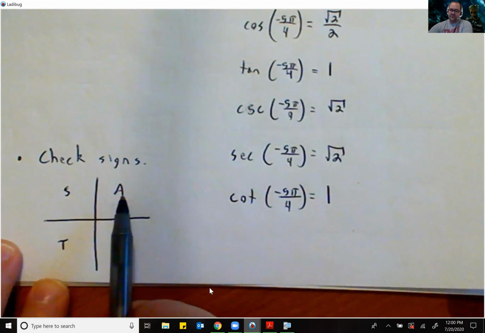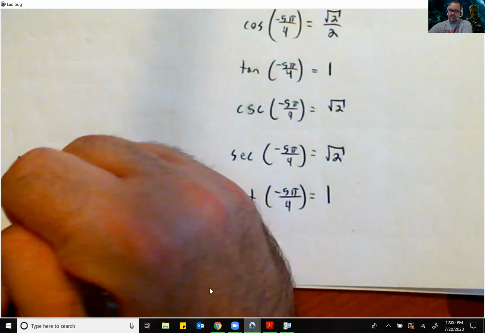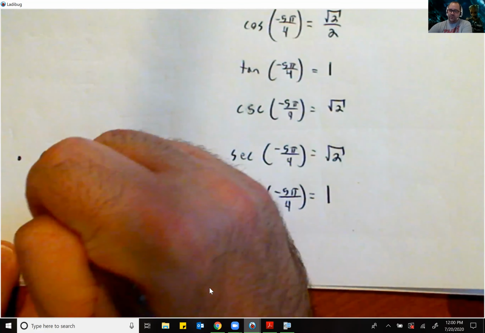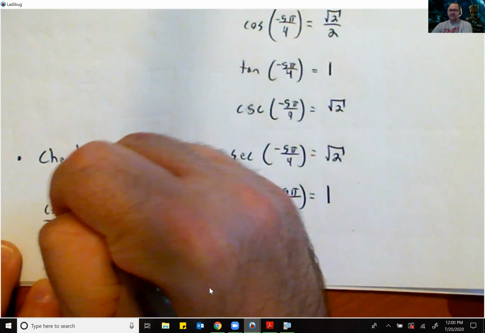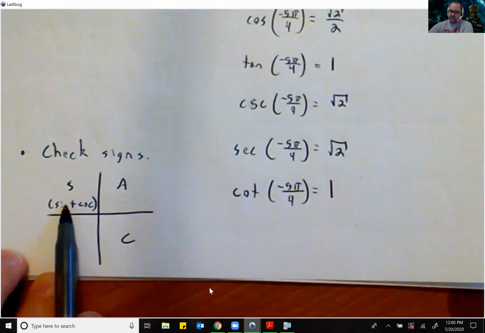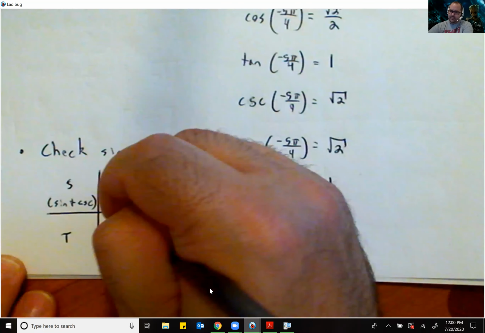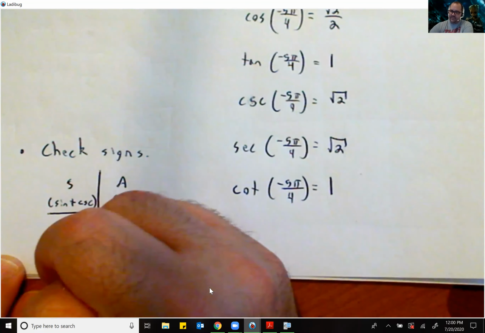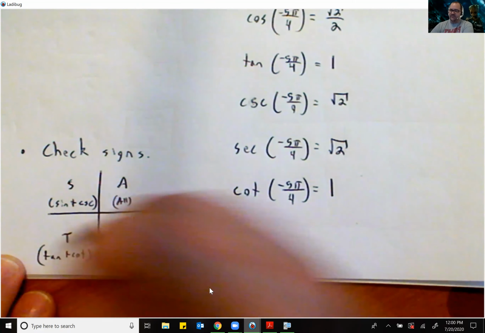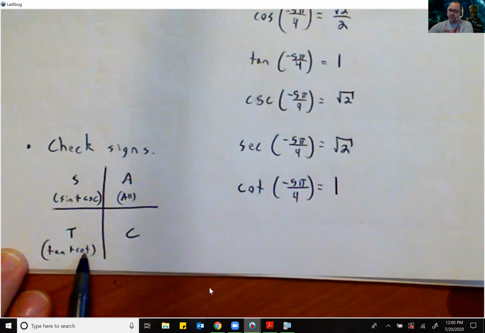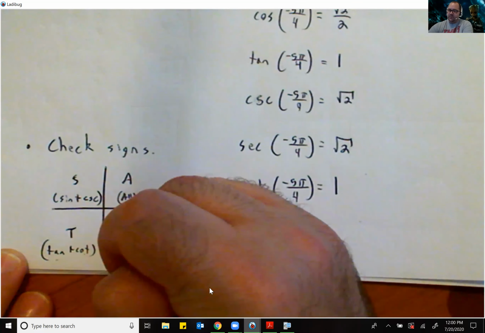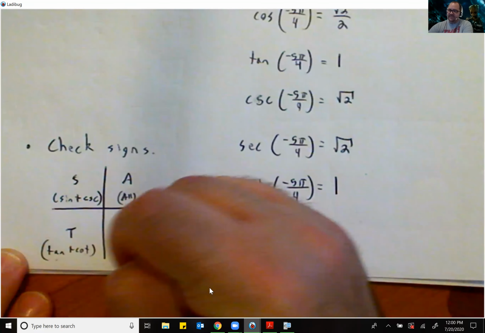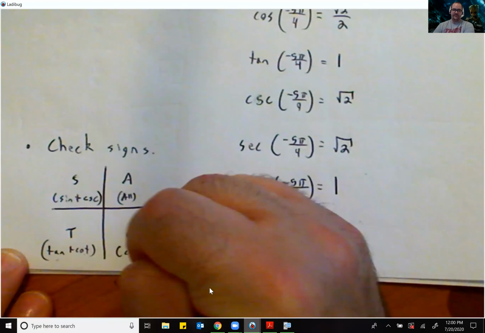In quadrant 2, sine and its reciprocal, cosecant, are positive. In quadrant 3, tangent and cotangent are positive. In quadrant 4, cosine and secant are positive.